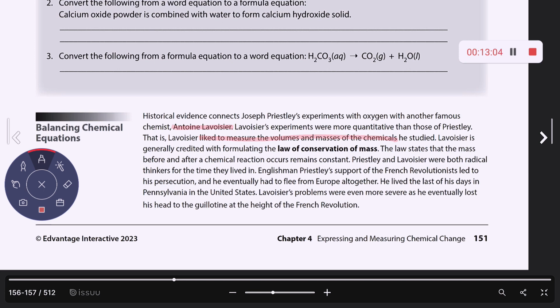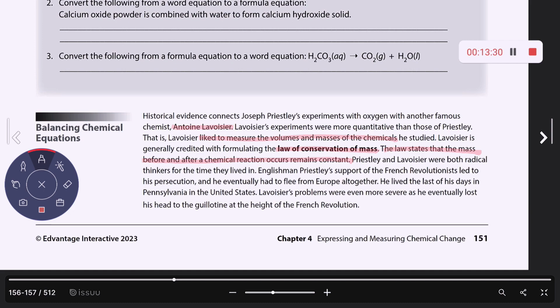And he formulated something called the law of conservation of mass. The law of conservation of mass says the mass before and after a chemical reaction happens has to remain constant. So if you have a chemical reaction in a closed container, the mass before and after will be the same. In order for us to follow that, we have to balance reactions.